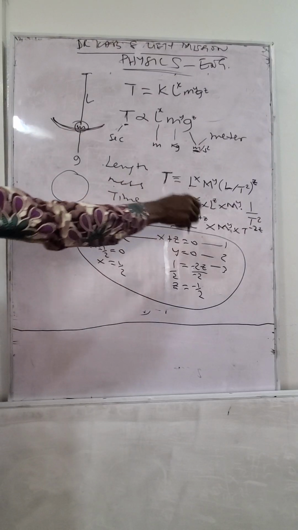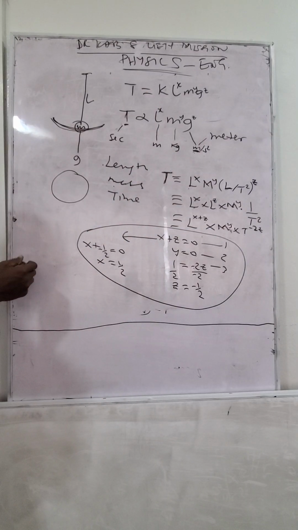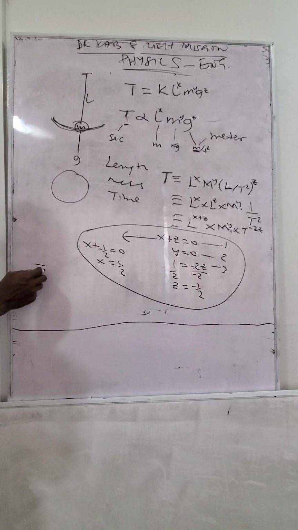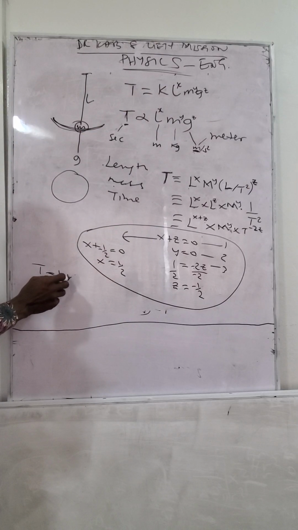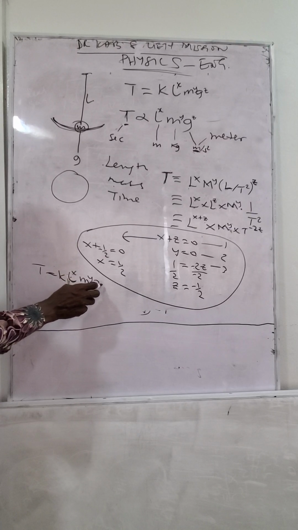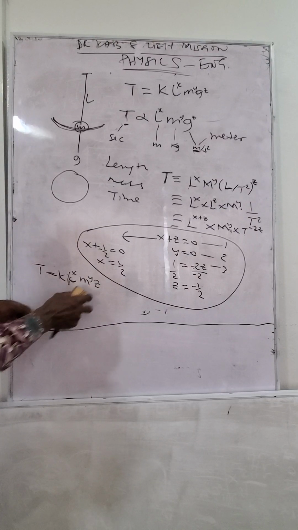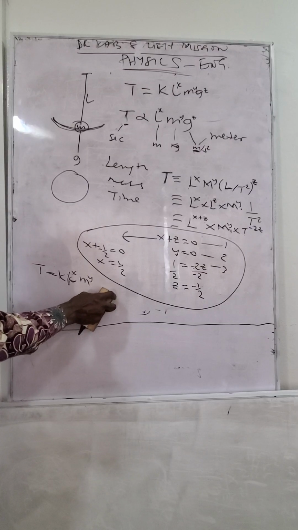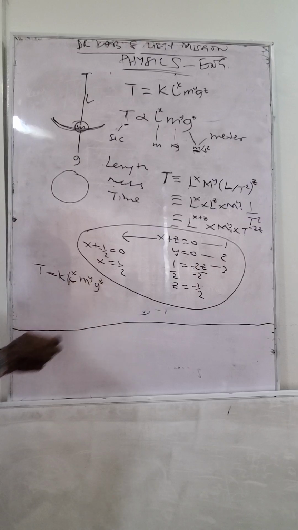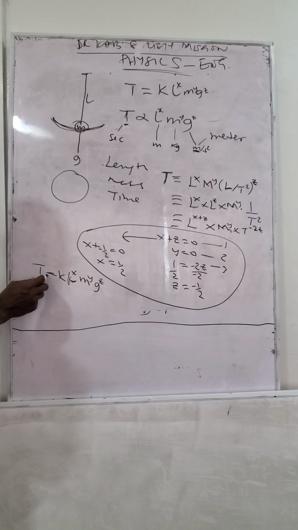Well, now we can put this back into the equation. We said the initial equation, T is proportional to, T is equal to K L to the X, M to the Y, G to the Z. Now let's put the values that we got there.